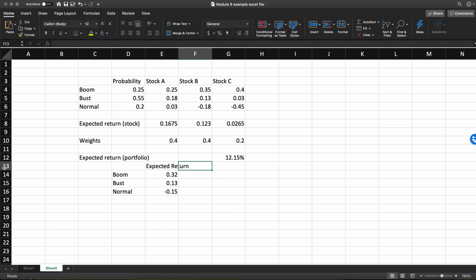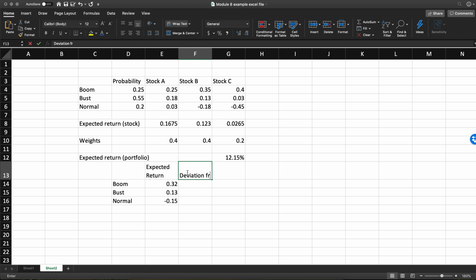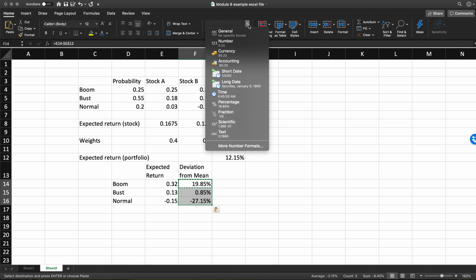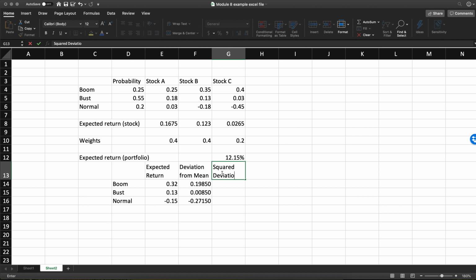Let me wrap this text as well. The deviation from the mean is that minus that. We're going to lock that. I'm going to make this a number. Squared deviation.